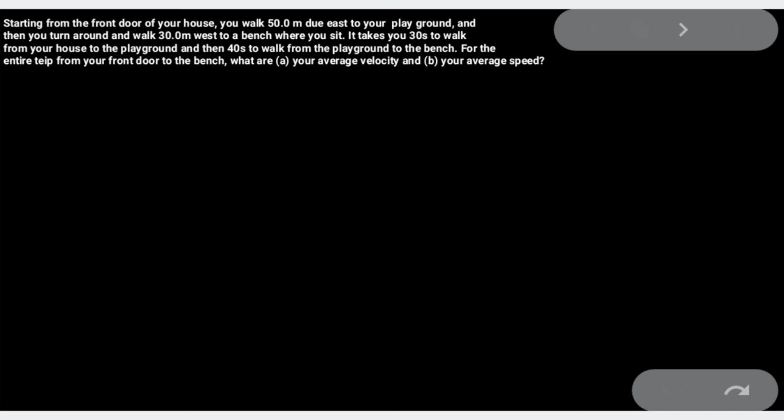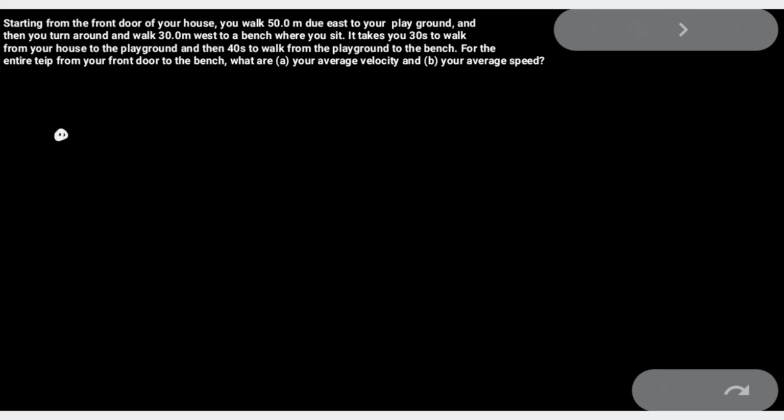The first thing is we are looking for average velocity. Since it involves average velocity, it also involves displacement, because average velocity is displacement over time. So let's look at the given. Let's take a look at the scenario. Starting from the door, let's say this is your door.